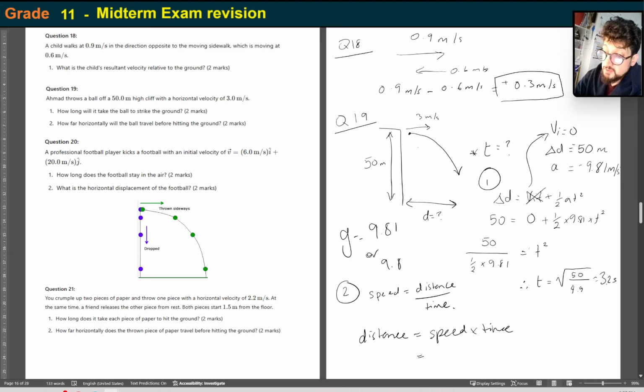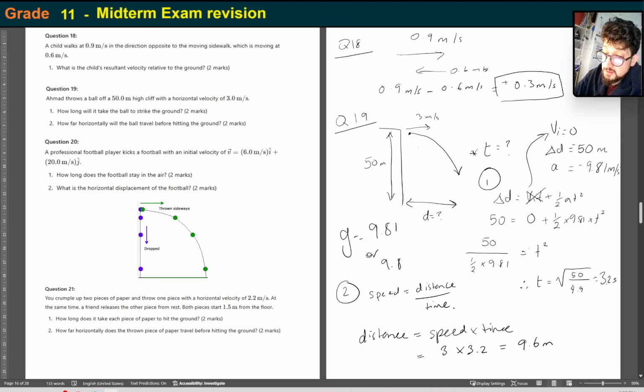If you prefer velocity times time equals displacement, it doesn't matter. Displacement and distance are exactly the same in this instance because it's a straight line. So 3 times 3.2 equals 9.6 meters.